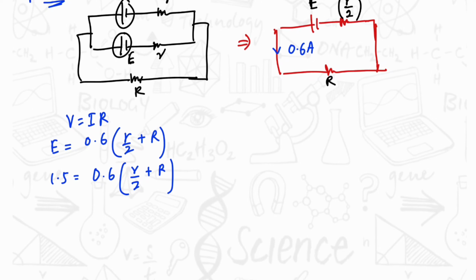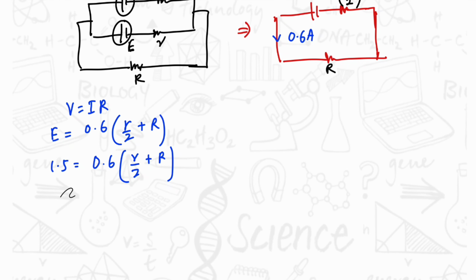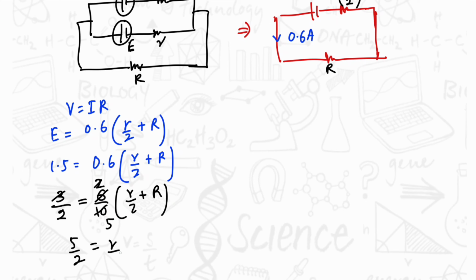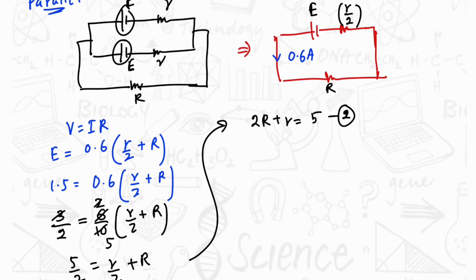So we can simplify this. 1.5 can be written as 3 over 2, and 0.6 can be written as 6 over 10. So if we simplify, 3 and 3 will get cancelled off. Here it will be 5. So 5 over 2 is equal to r over 2 plus capital R. Then if you simplify this, we get 2 capital R plus simple r will be equal to 5. That is the second equation.